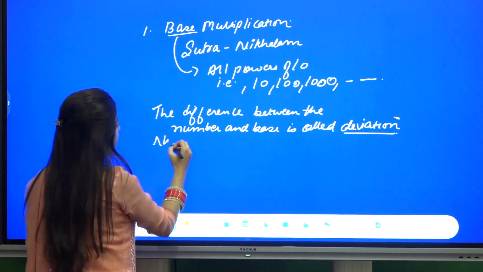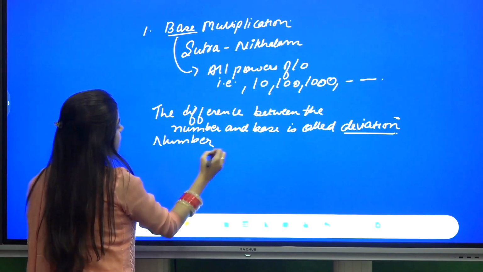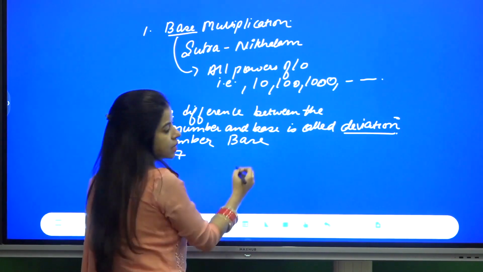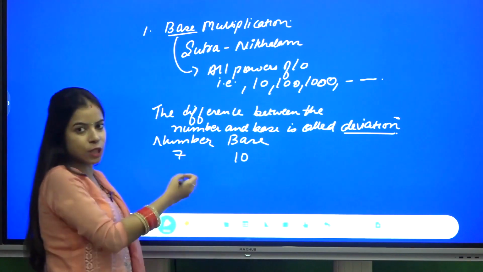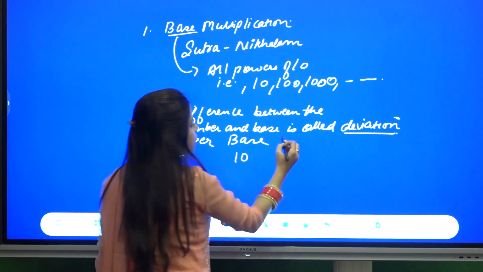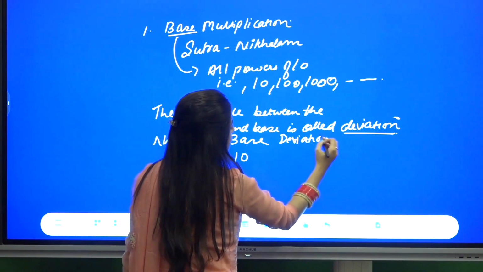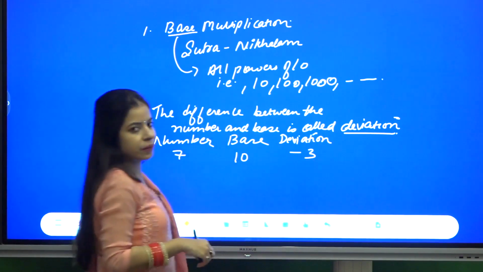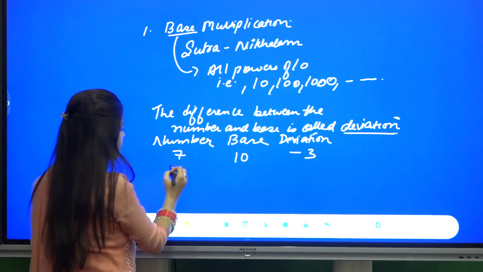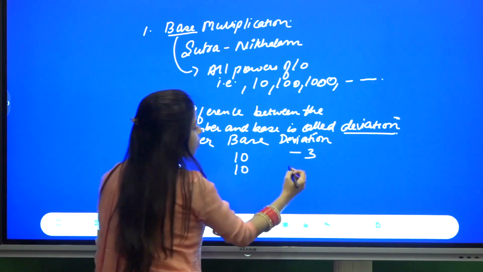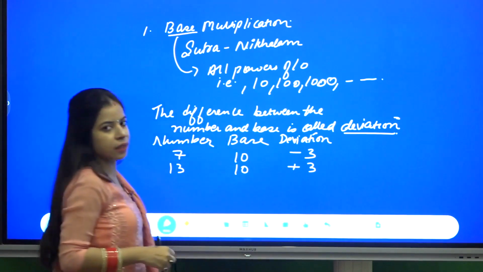We have a number, say 7. So, the base is 10 because 7 is closer to 10. So, deviation is -3. Let us take another example, say 13. Again it is closer to 10. So, deviation is +3.